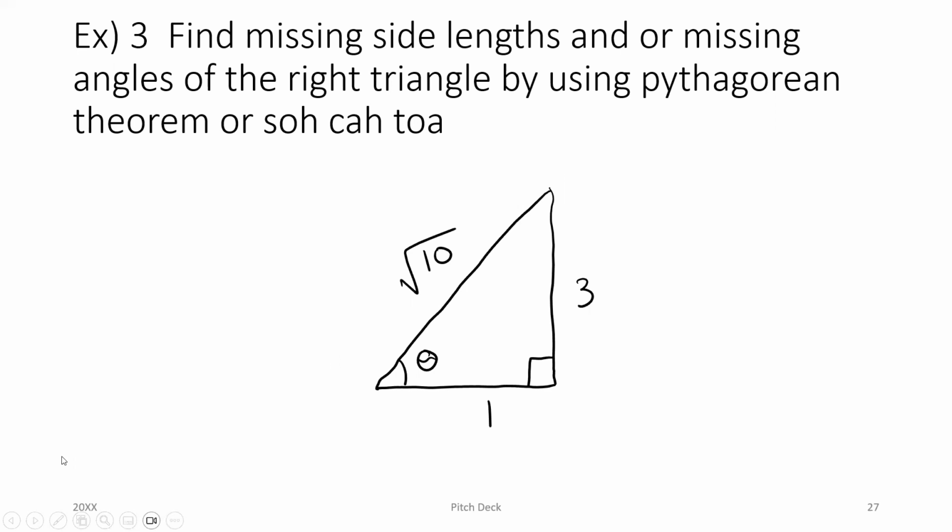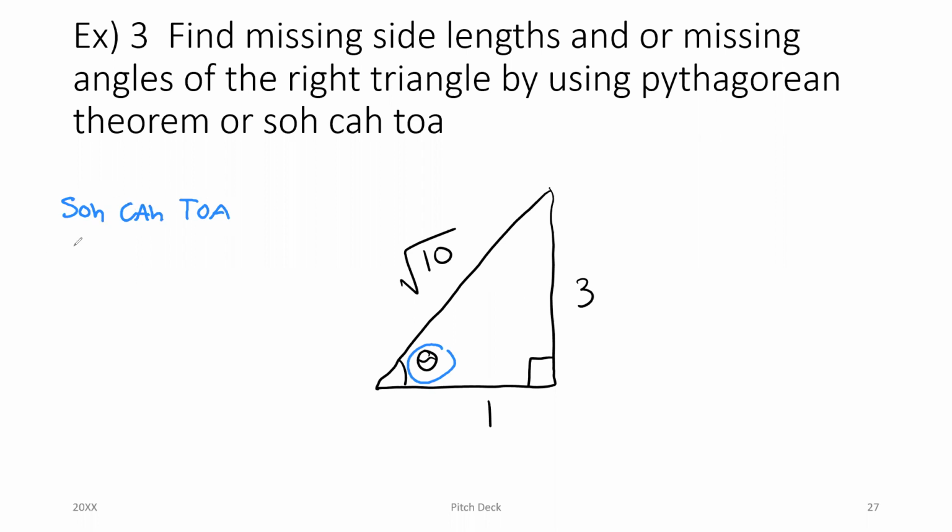So on example 3, it looks like we have to find the missing unknown angle, right? So we got to find out what this unknown angle is. And we're going to use definitely SOHCAHTOA. And in our case, since we have all the side lengths, it doesn't matter which one you use, right?